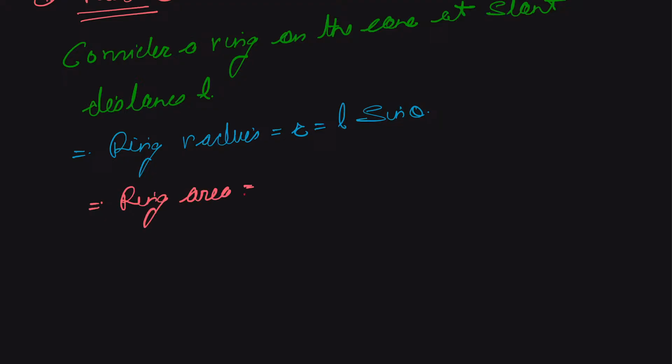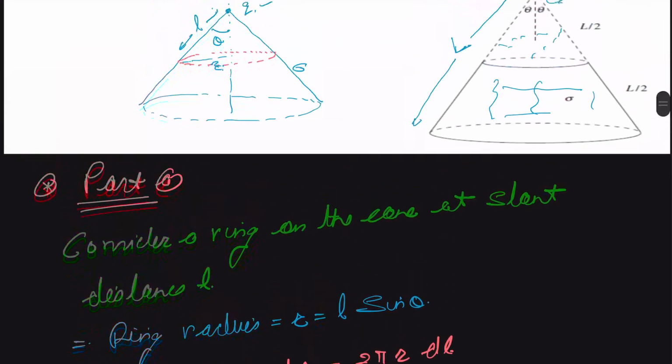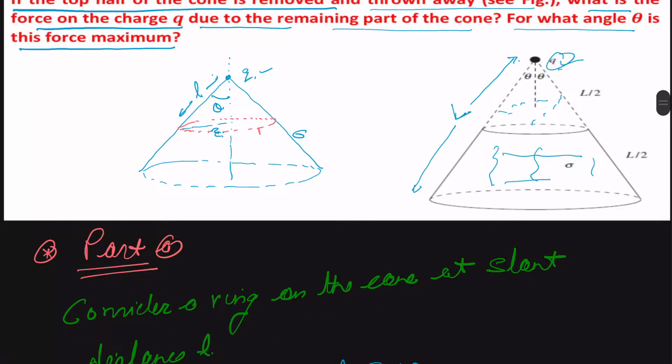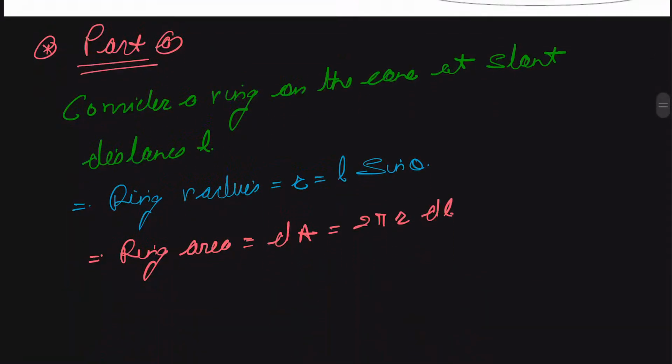Let us call the ring area dA. Then dA will be equal to 2 pi r dl, where dl is the small thickness of this ring. So dl is a little bit of thickness, and we substitute the value of r. Therefore we get 2 pi sine of theta, and we have L times dl.